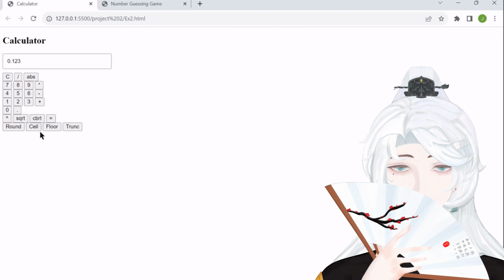The ways of rounding such as round, ceiling, floor, and then with addition of absolute and truncation. Oh yeah, don't forget to include a clear and equal button.